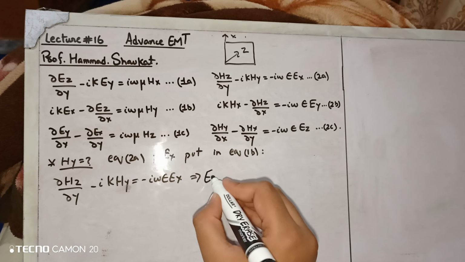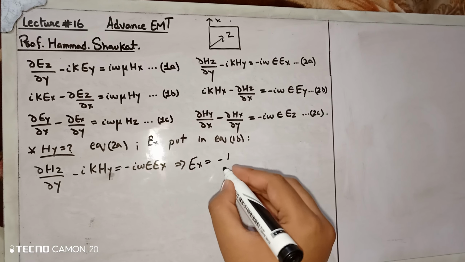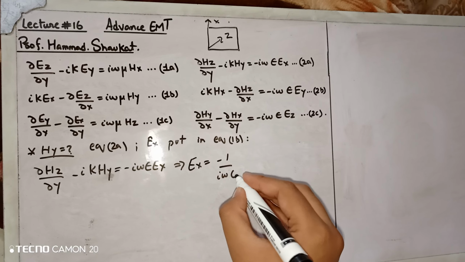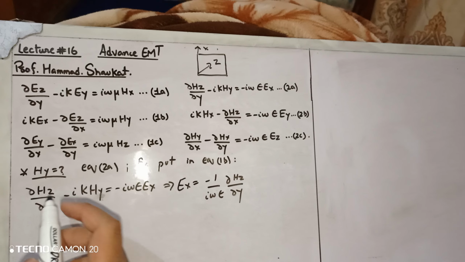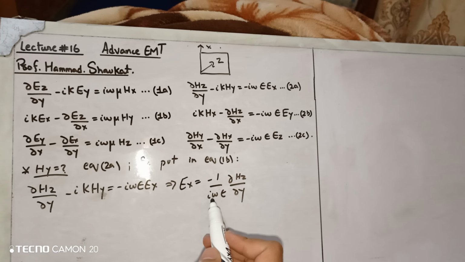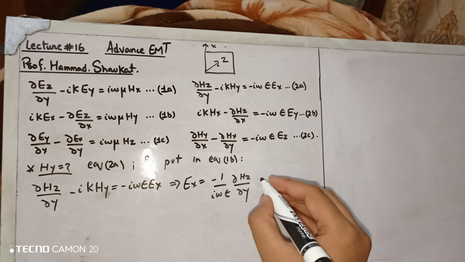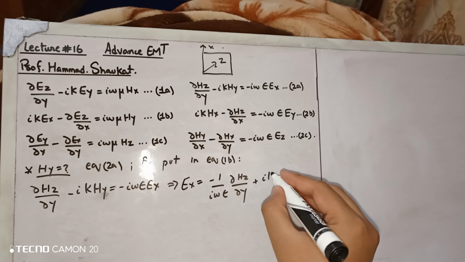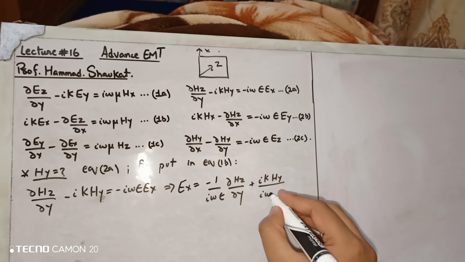So your Ex becomes minus 1 divided by iωε ∂Hz/∂y. This is because I divide just by minus iωε to isolate this Ex, and it becomes plus ik Hy divided by iωε.